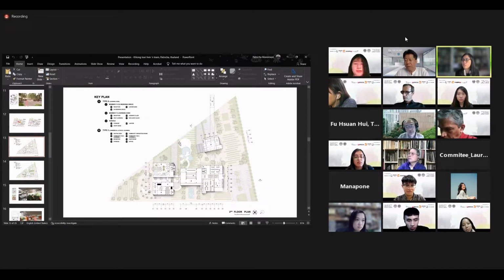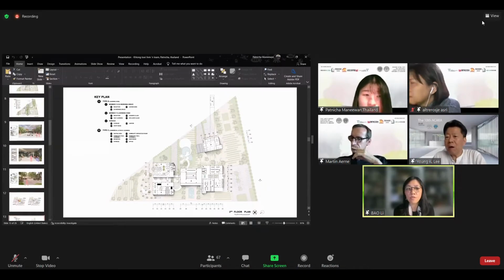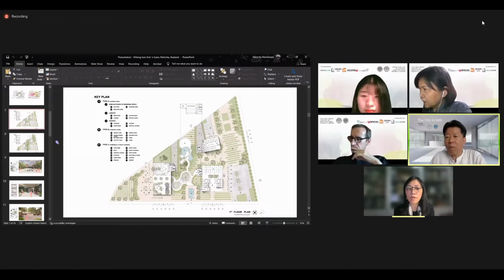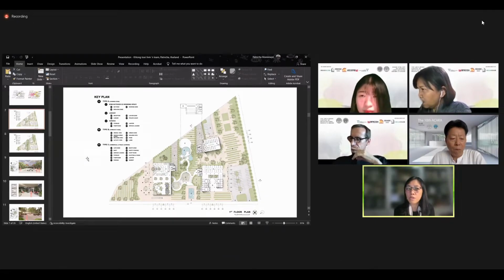You have put in some water and some greenery there, but you also put the toilets there, and the facades, the elevations of these buildings which face this park, are not so active. So I'm a little confused whether this in-between space is the most active space or just some space outside these three buildings.